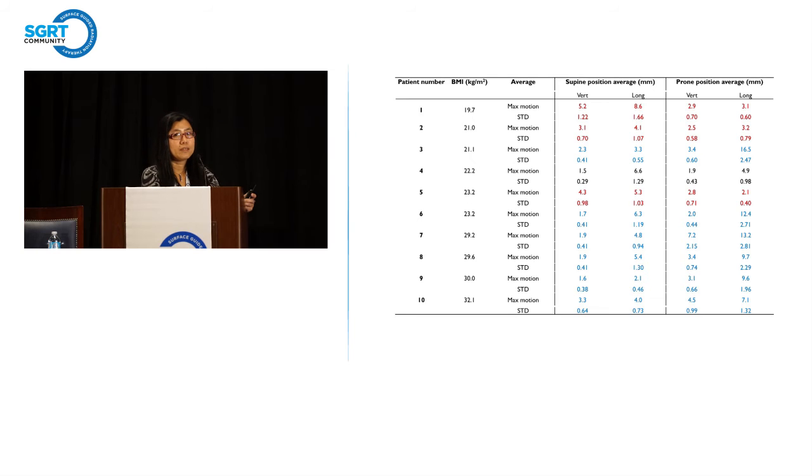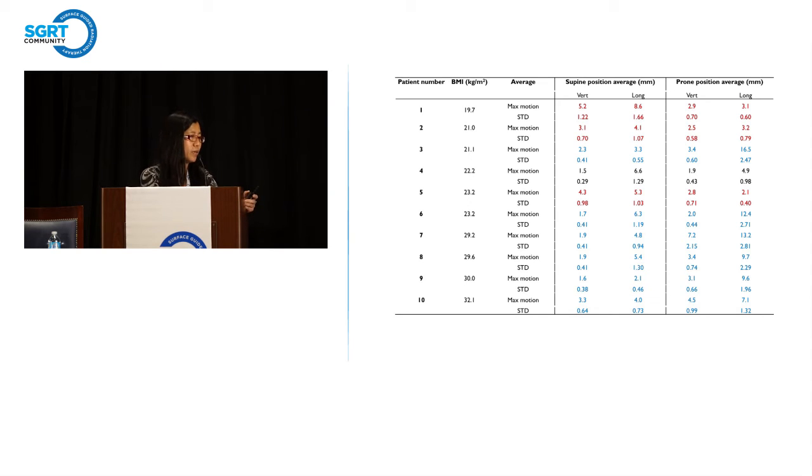The very important result in this study is that we observed a correlation between the patient motion and the patient's large BMI. For the overweight patients, all 4 patients, the intrafractional body motion is smaller for supine position, both along the vertical and longitudinal directions. And this is statistically significant for all those data.